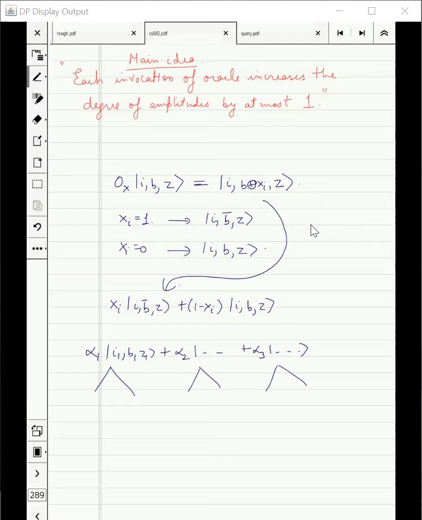The amplitudes here will become alpha 1 x_i, and alpha 1 (1 minus x_i). Here it will be alpha 2 x_i, and alpha 2 (1 minus x_i), and so on.